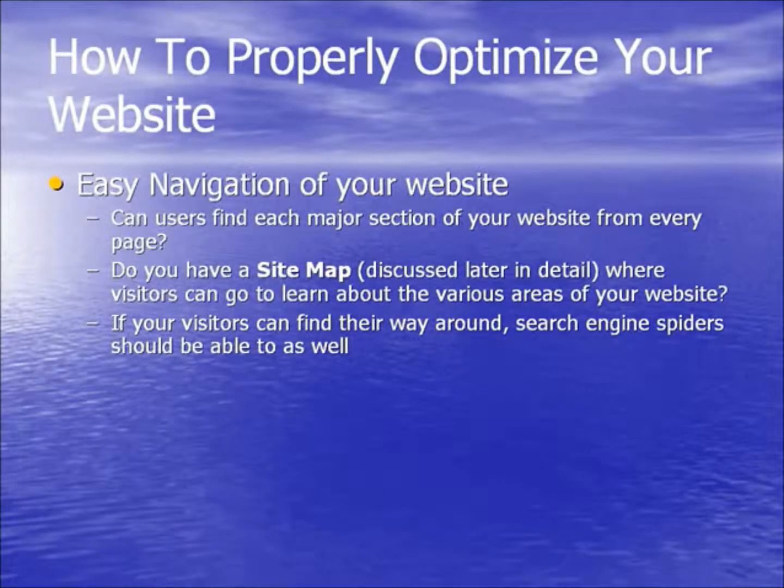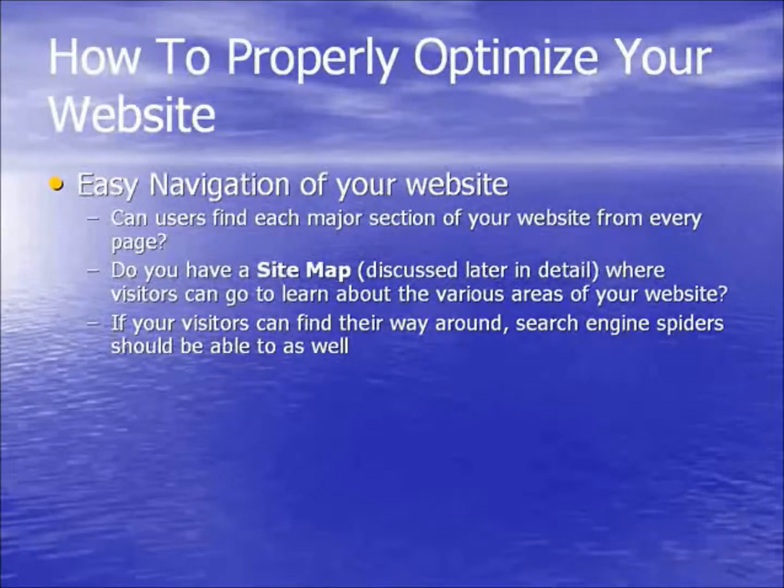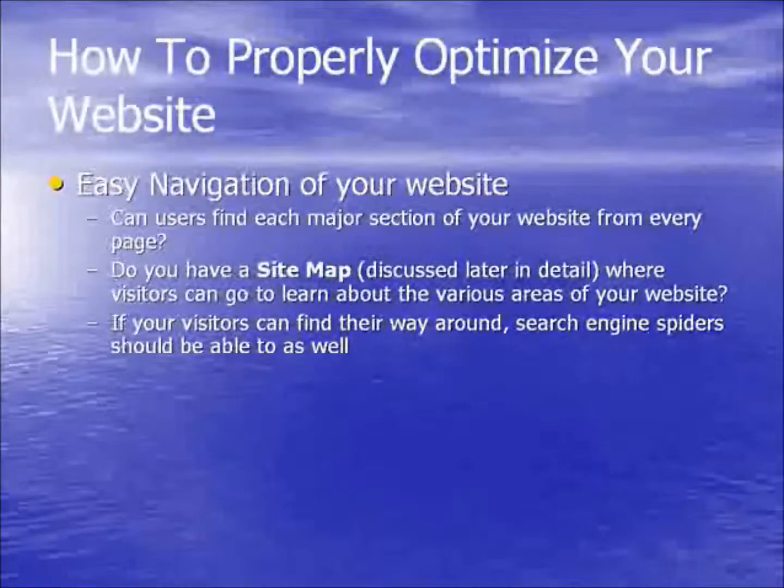It shows you various different sections, different pages in the sections, subsections, and basically every web page that exists on the website, and you can go directly to that web page using a sitemap. So if your site is easy to navigate and people can find the relevant information they're looking for with ease, then chances are search engines will also find it very easy to navigate through your website. That will make your site easily accessible, and search engines like sites which are easily accessible with ease of navigation.